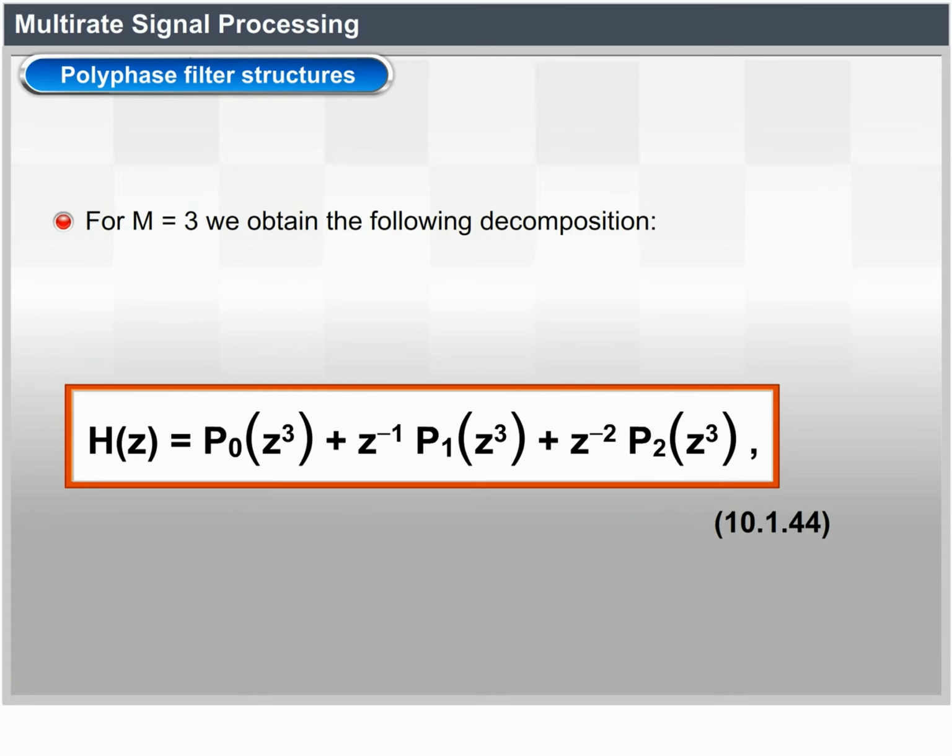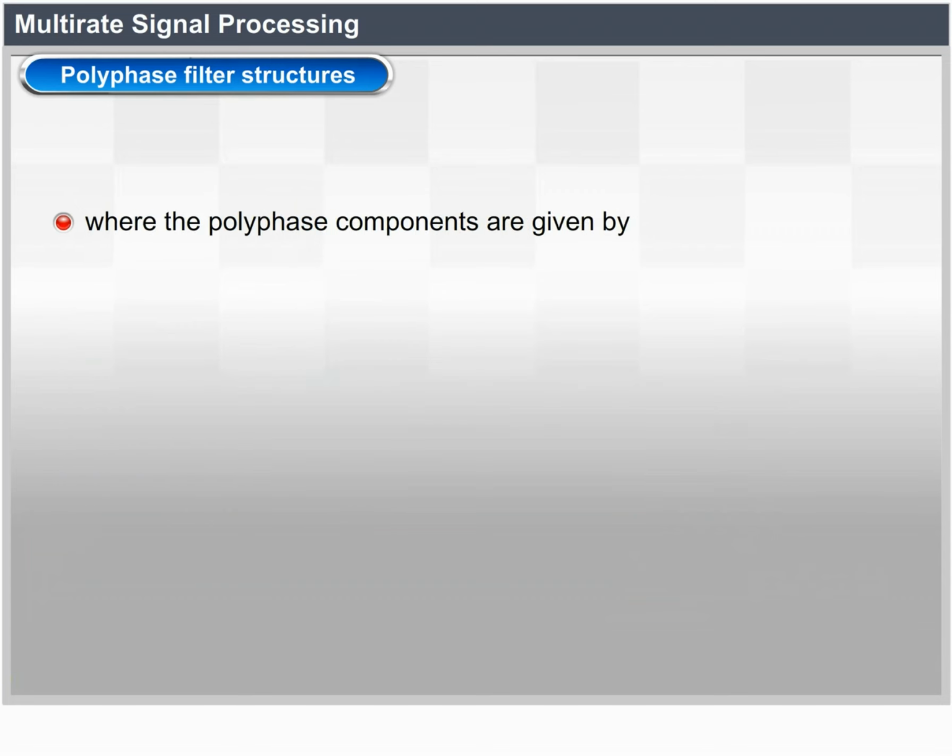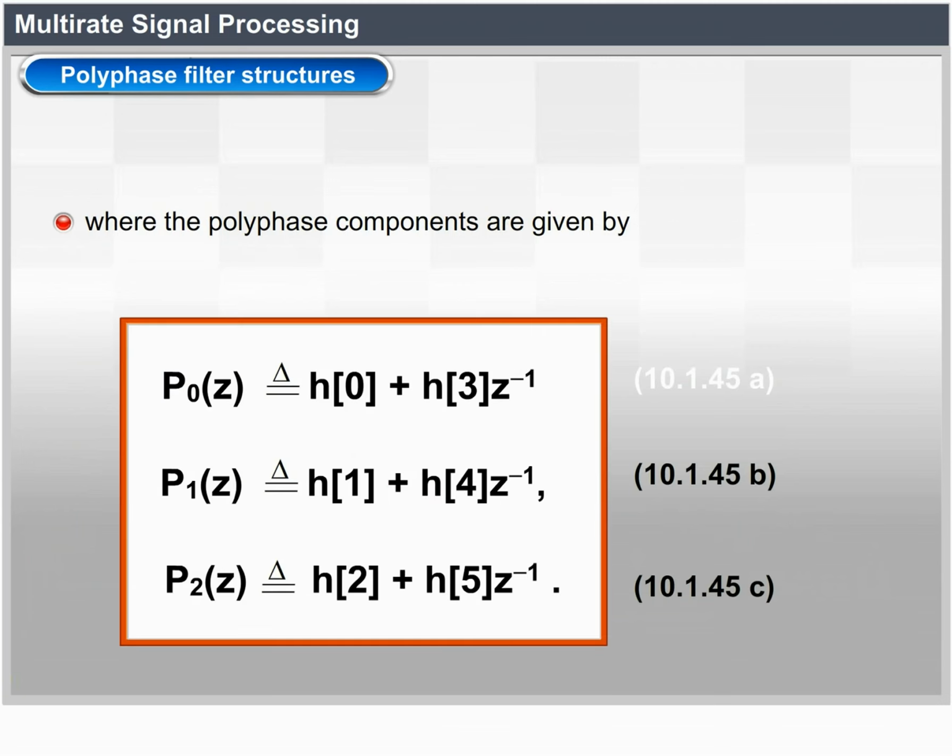P0(z) ≈ h(0) + h(3) z^-1, called 10.1.45a. P1(z) ≈ h(1) + h(4) z^-1, called equation 10.1.45b. P2(z) ≈ h(2) + h(5) z^-1, called equation 10.1.45c.